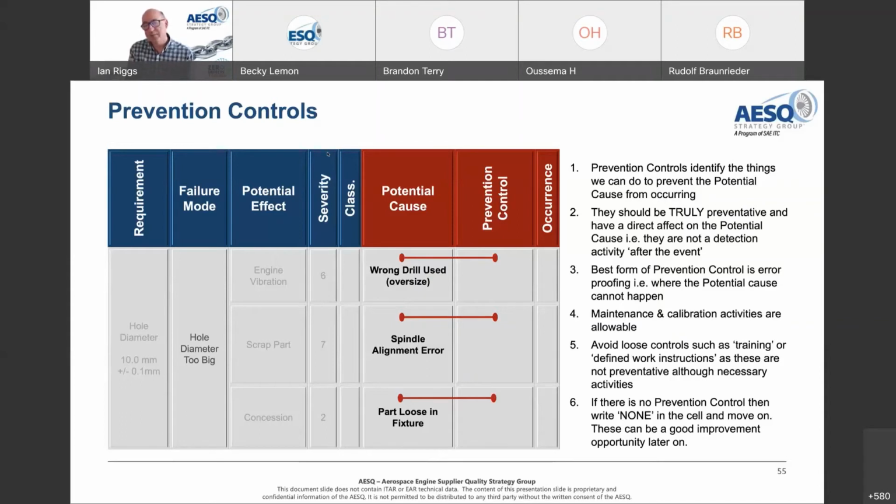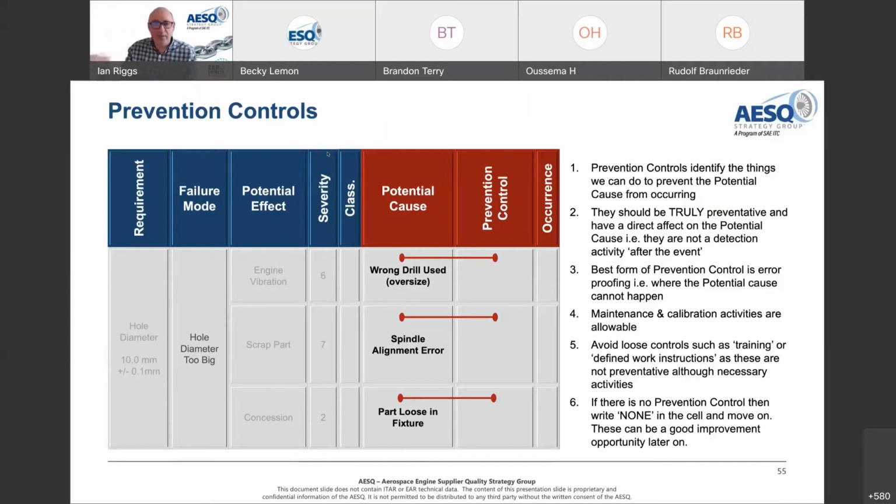It's better in some cases just to write none in that box, because one of the difficulties we've seen is as soon as you put a sentence in there, when you're reviewing it, your eyes kind of pass over it and think, oh, I got something in that column.